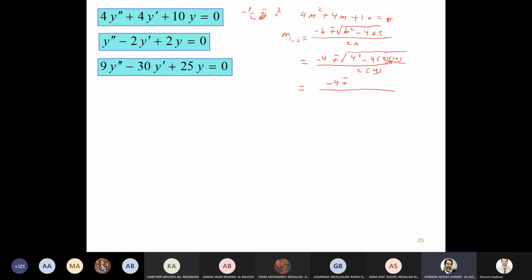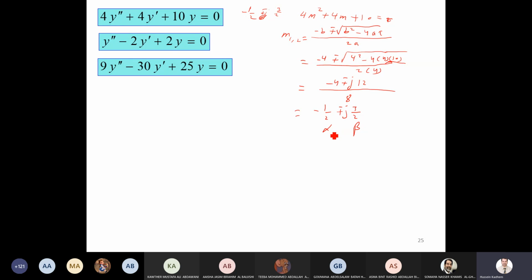Great. So I will write here j, because there is a minus inside, 12 over 8, which leads to minus 1 over 2, because 4 over 8 is 1 over 2, plus minus, and 12 over 8 will be 3 over 2, plus minus j.